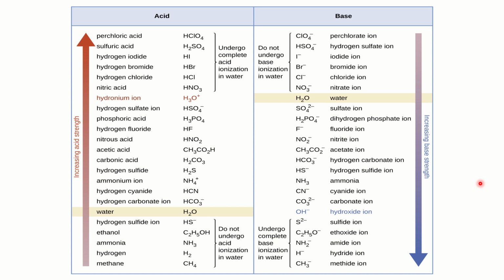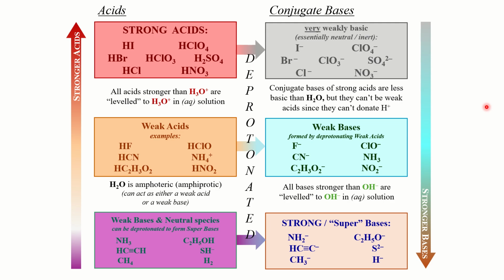Another slide here again summarizes the acid and base strength with the conjugates shown across from one another. And this last slide summarizes strong acids and conjugate bases and how these are related to one another.